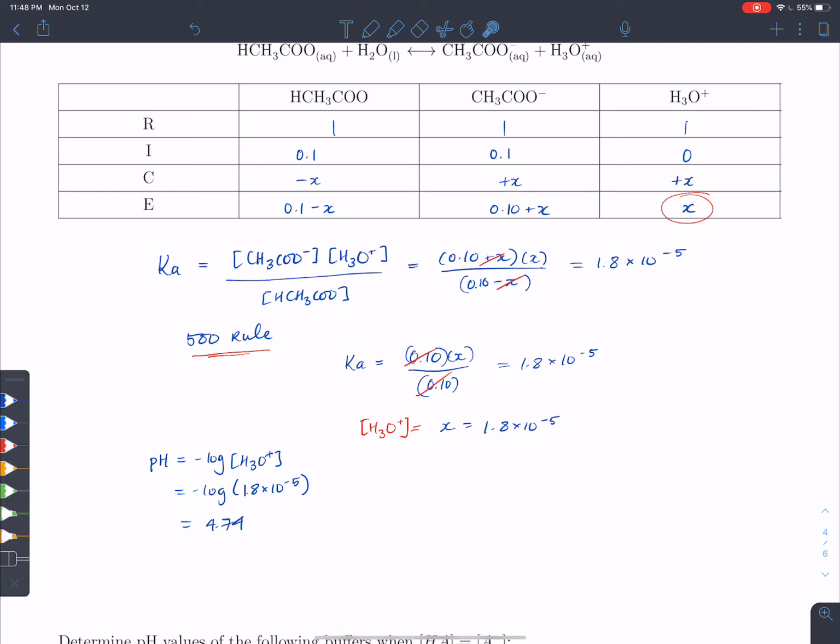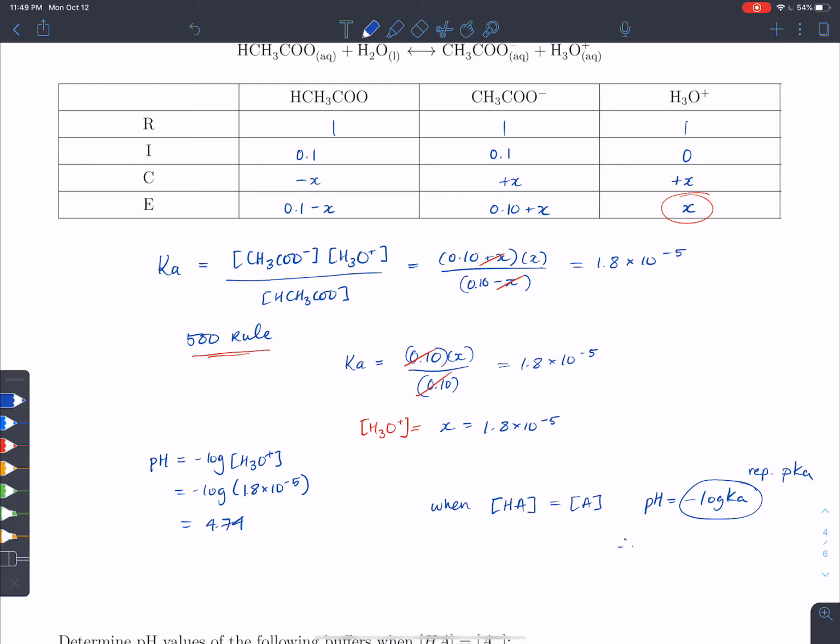Now, it's important to note here that the concentrations of our acid and our conjugate base were equal. And because they were equal, our pH was just equal to the negative log of our ionization constant. So when the concentration of our acid and the concentration of our base are equal, we can say that the pH is equal to the negative log Ka, and we also know that this represents our pKa.